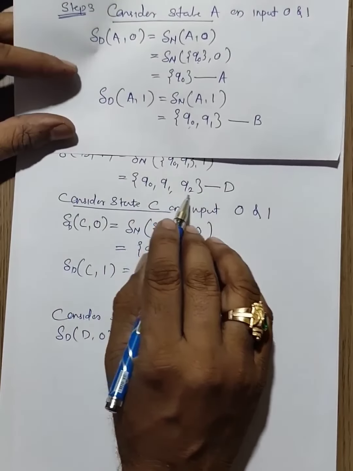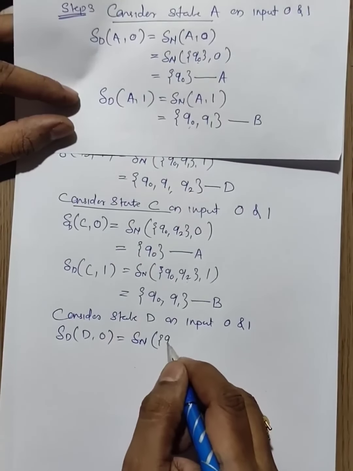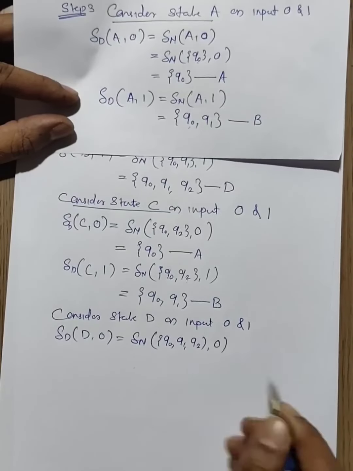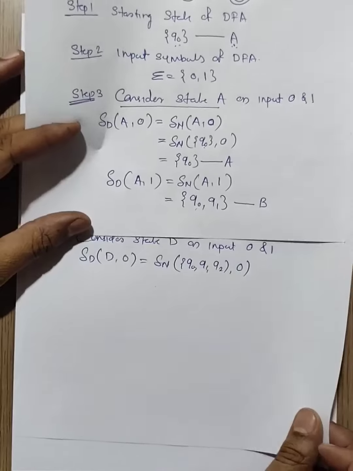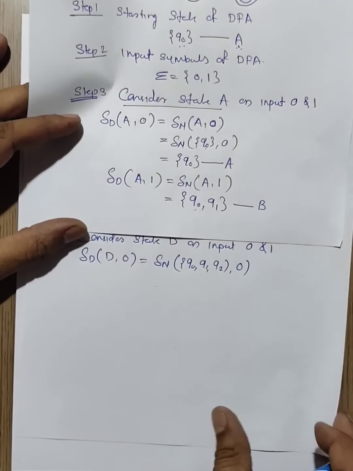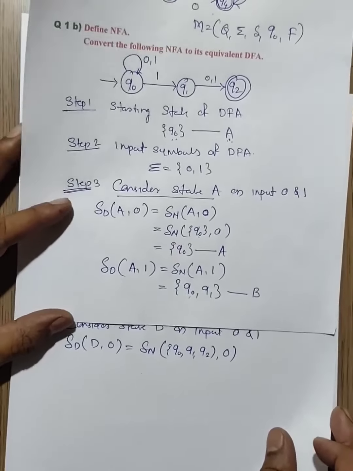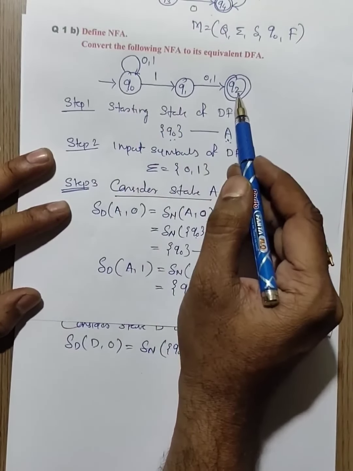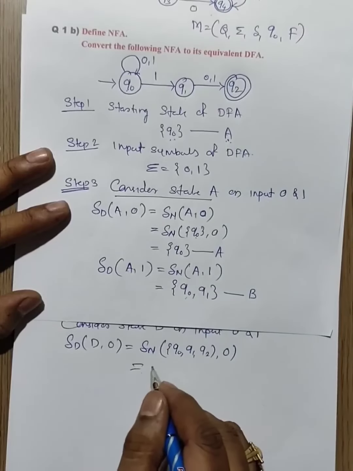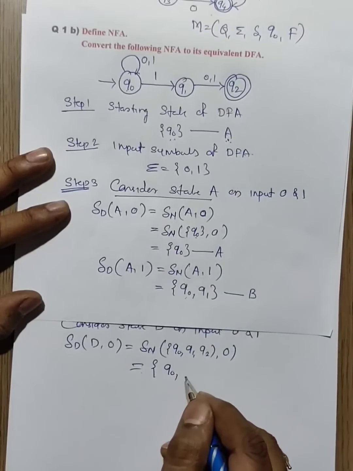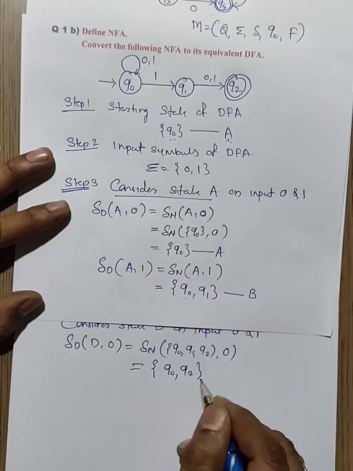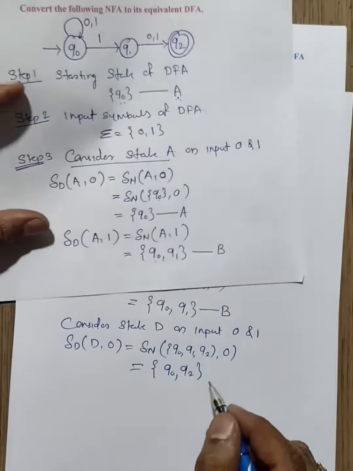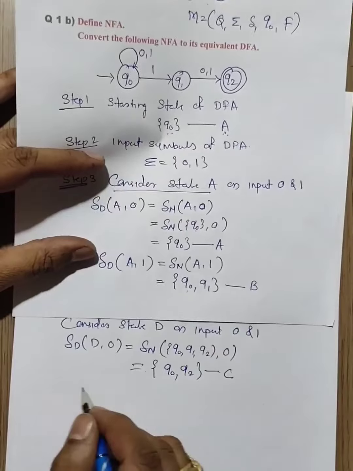D is Q0, Q1, Q2. Q0, Q1 and Q2 on 0. Q0 on 0 gives Q0. Q1 on 0 gives Q2. Q2 on 0, fine. Means this is Q0 and Q2, which is C.